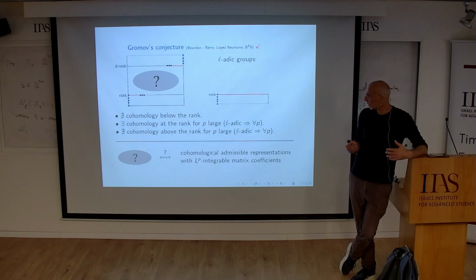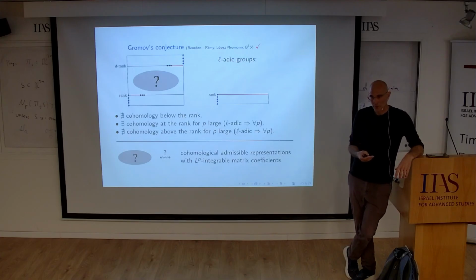And this means that those admissible representations I can always embed in LP space, LP(G), for P large enough. And for those, people understand quite well which are the cohomological representations and what the cohomologies are.